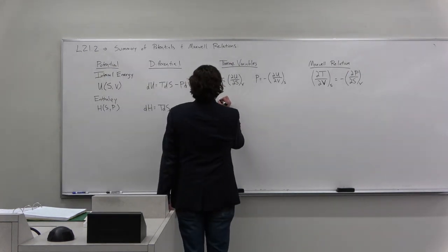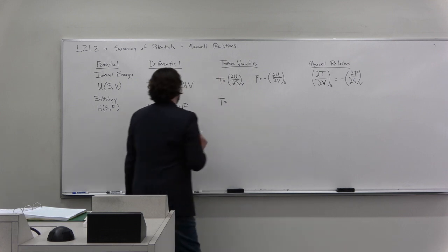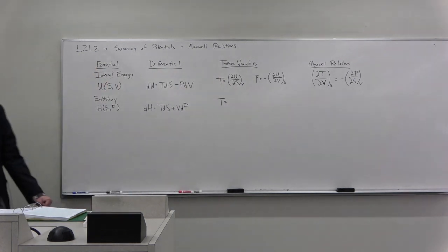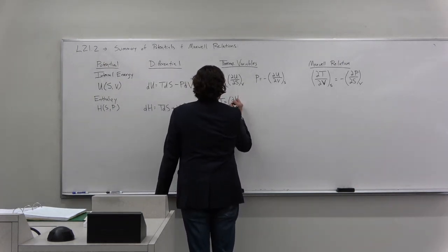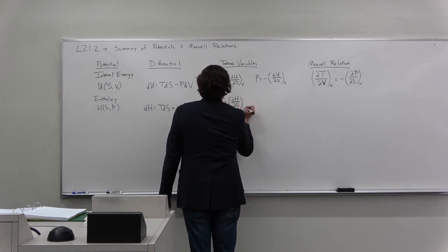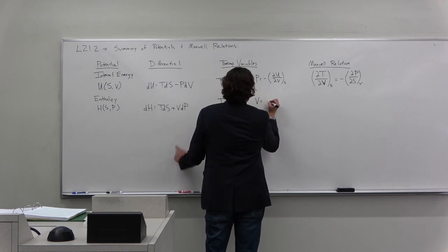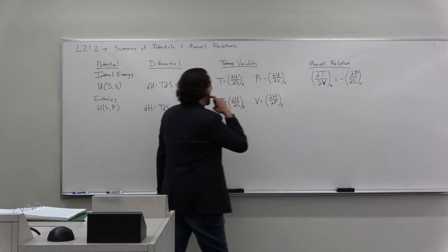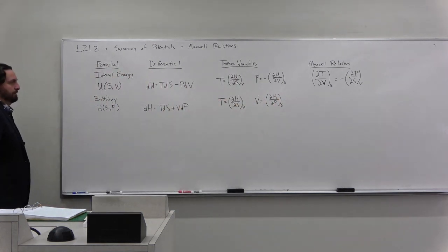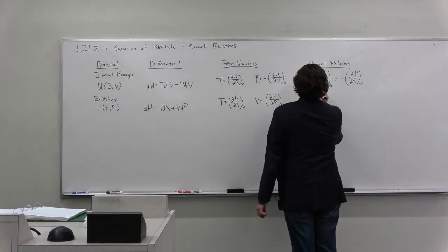Our thermodynamic variables should be T is partial H partial S at constant P, and V is partial H partial P at constant S. And our Maxwell relation came from the mixed partials.